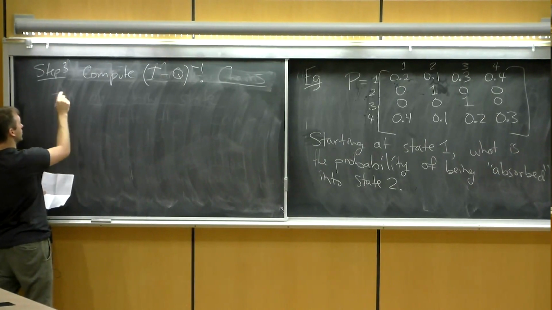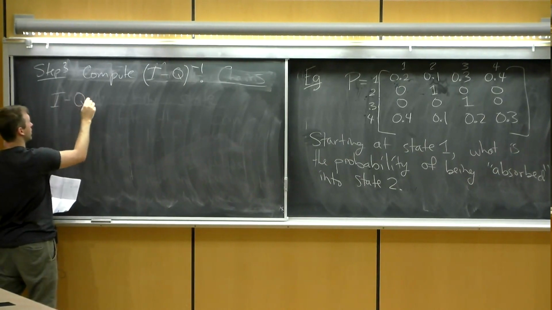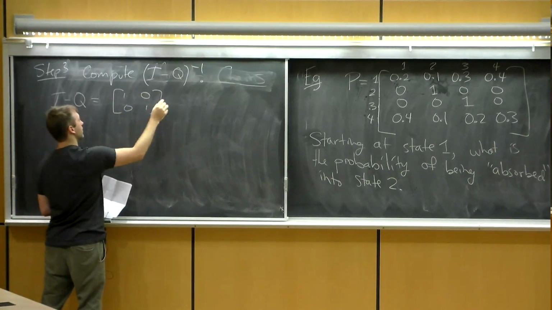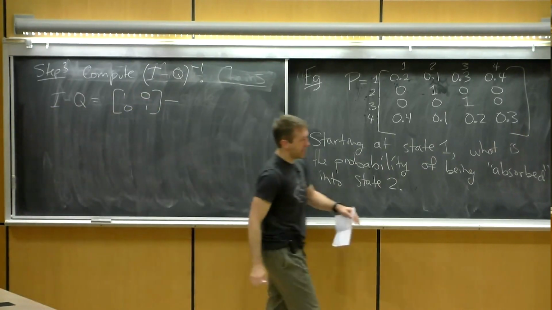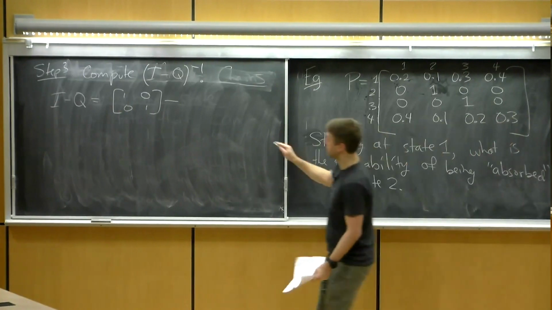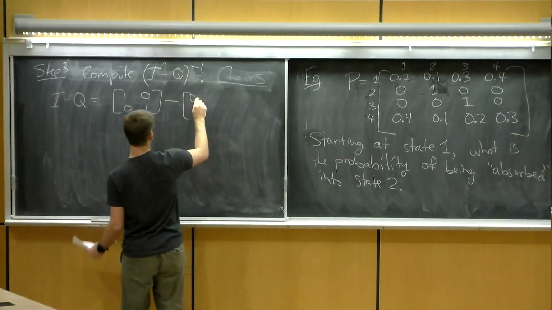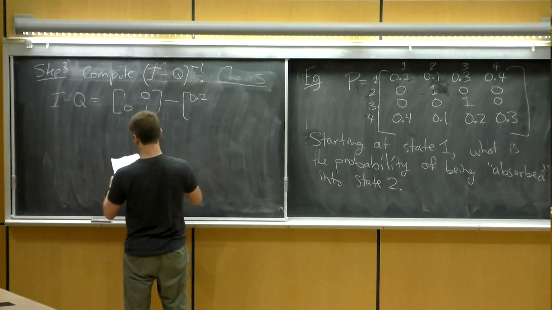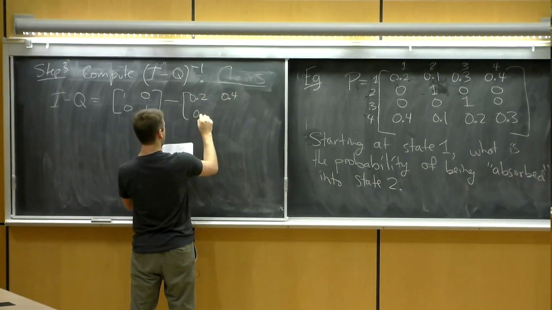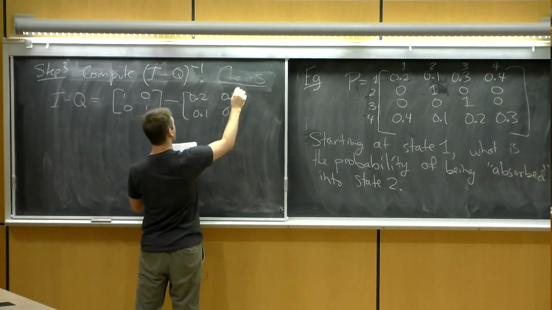So we have to go back and say what was Q again? Q was this matrix in this bottom right corner. So 0.2, 0.4, 0.1, 0.2.